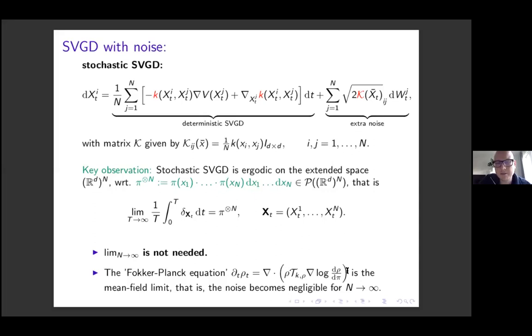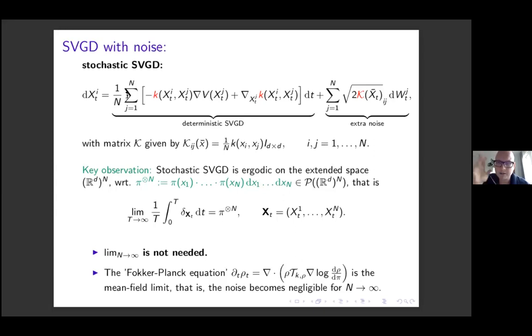So in particular, there is an interesting, let's say, non-commutativity of limits that I'd really like to understand a little bit better. So for instance, if you think first about the deterministic system without the noise, then I said that it will converge towards a fixed point, right? So this means every particle goes to its final position in the picture that we had in the beginning and stays there.